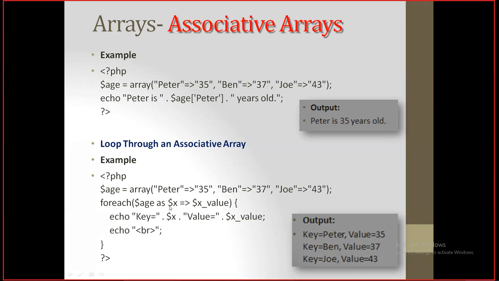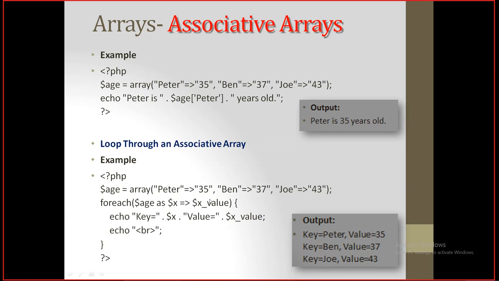Okay, so two variables, like we have a counter variable for a loop. Here there are two counter variables. One is holding the key, and the other one, which we have specified after the arrow, is carrying the value for that key. So whenever we access each element from the age array, the key part will be kept in one and the value part in the other.